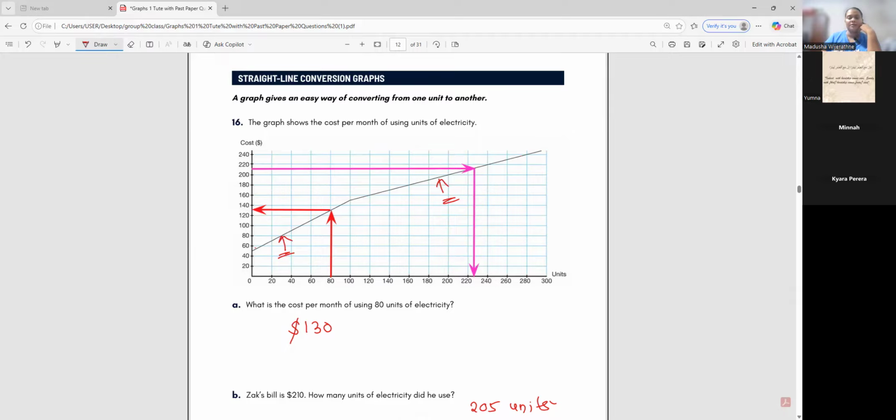So using this electricity graph, with the number of units and the cost, anyone can find the cost of their electricity bill according to their usage. For 180, what will be the cost? Like that.